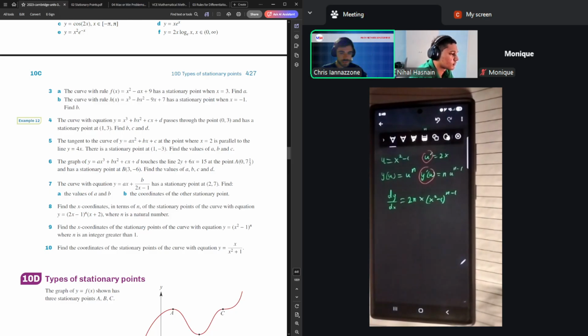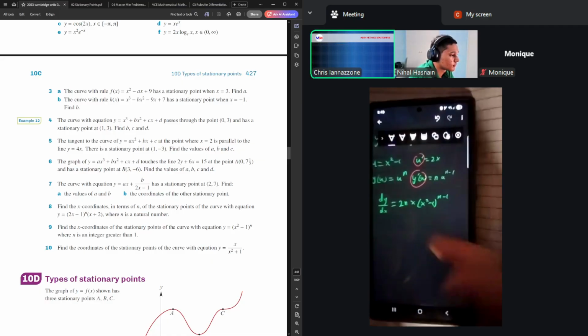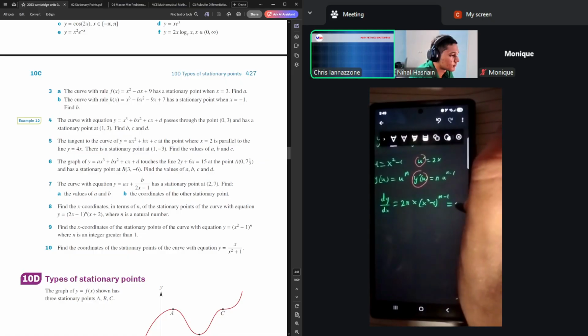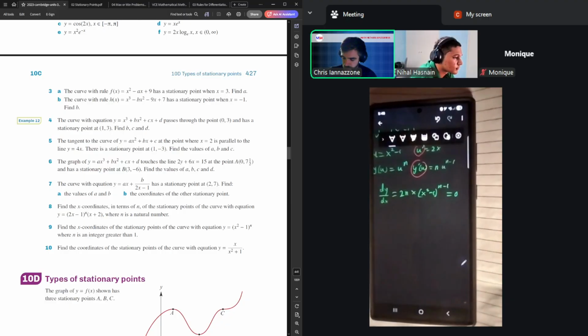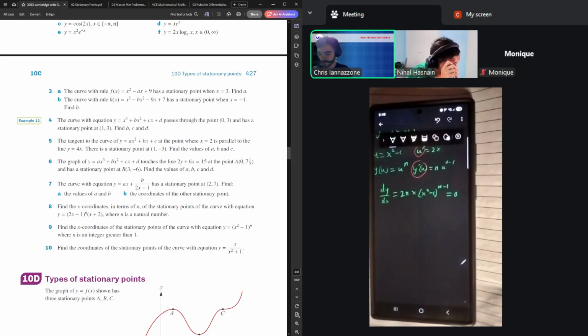What are we going to do now that we have our derivative? Set it to 0. Set it to 0 is correct. That's it. Okay. We set our derivative to 0. How do we now solve for x, basically?